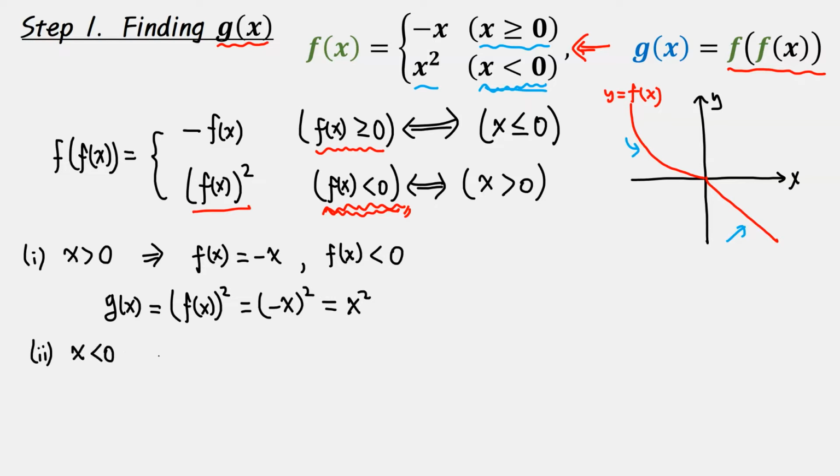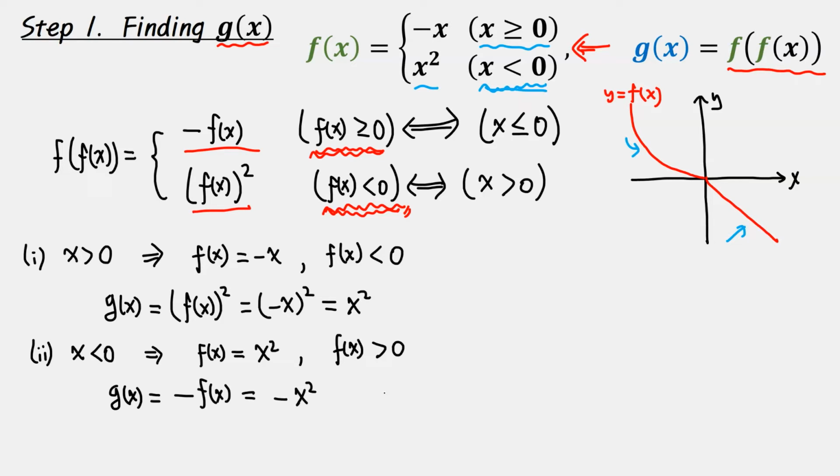Secondly, when x is negative, f(x) equals x squared, and this value of f(x) is positive. So we have to use this: g(x) is equal to minus f(x), which is minus x squared.